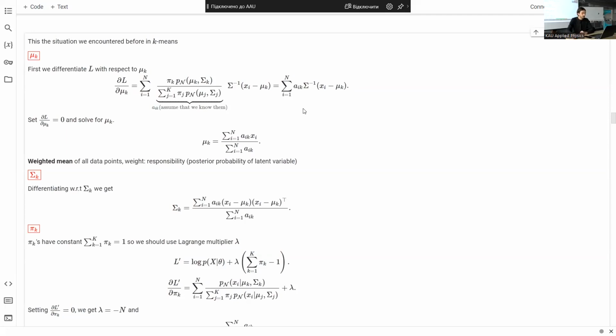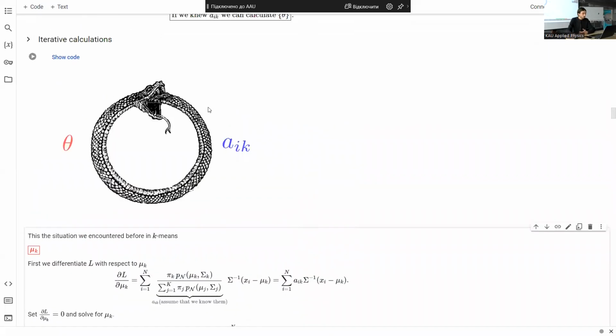And this is very nice because this part of the sum is basically aik. At the moment when you are searching for the parameters of the distributions, you can think about aik as some sort of fixed values. So we will be doing these iterative updates, and at some point we will think: let's suppose I have aik, and I'm estimating my parameter theta, the parameters of all my distributions.